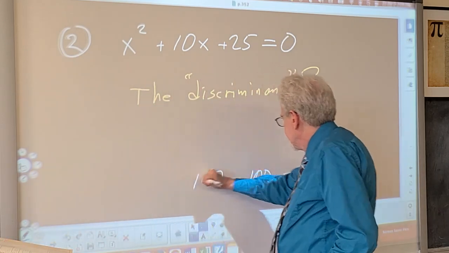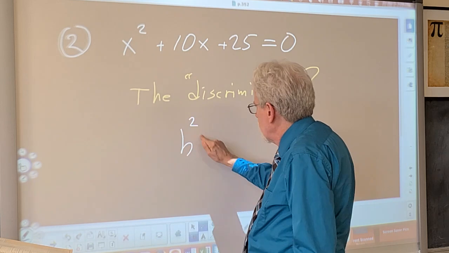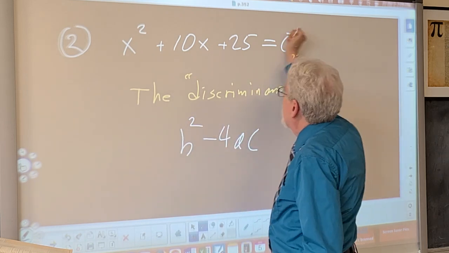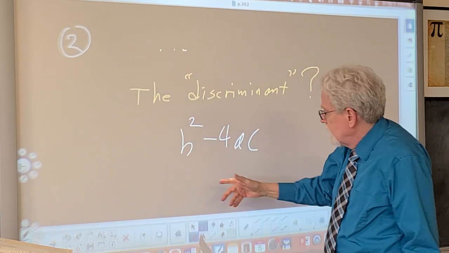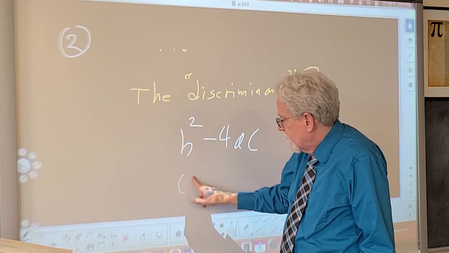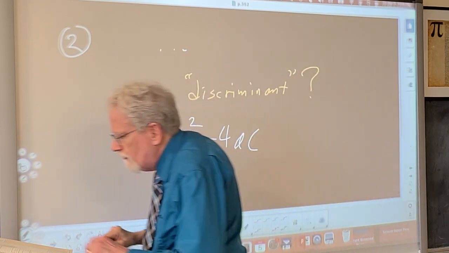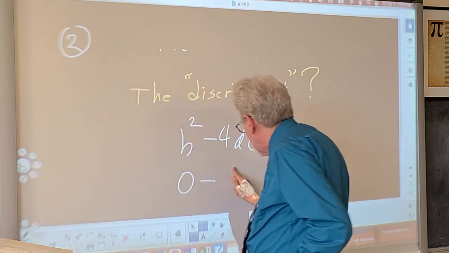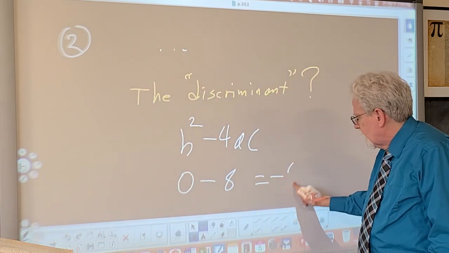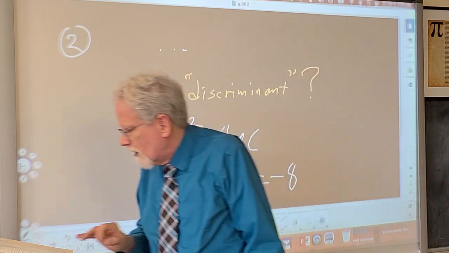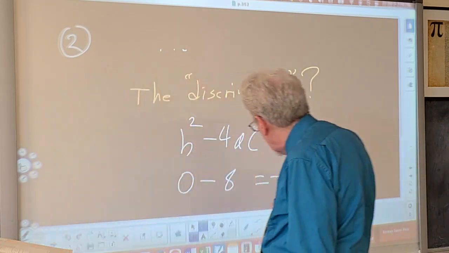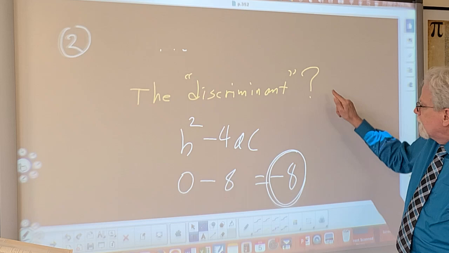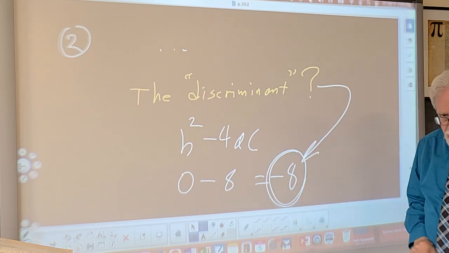Because b is 0, we have 0 minus 4 times 1 times 2, that's minus 8. We get a negative answer, and I need to see on your paper that you know that the discriminant is negative 8.